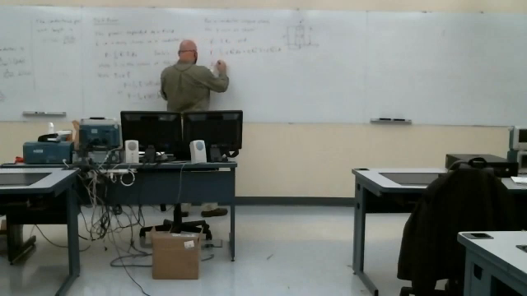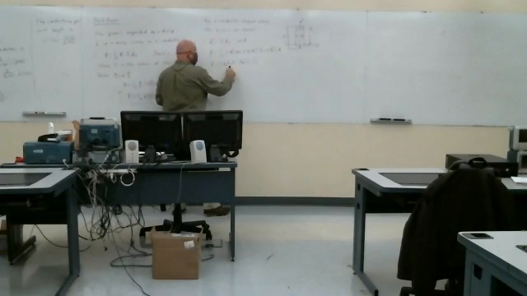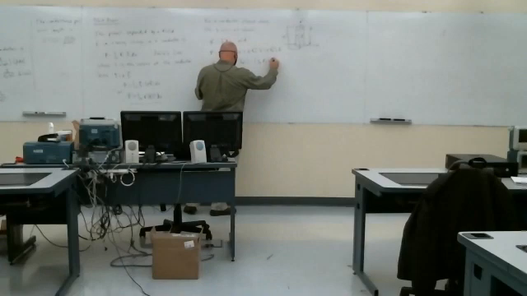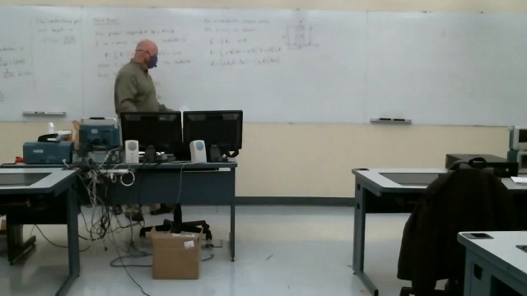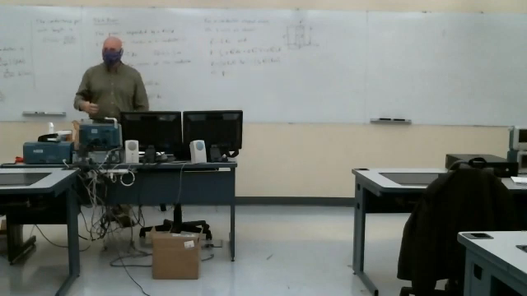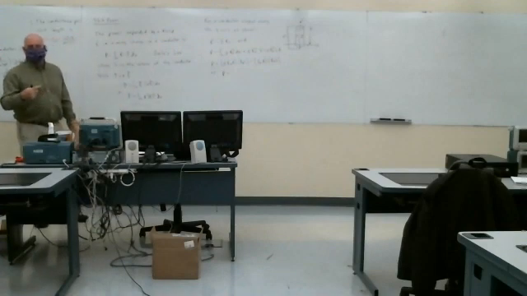I'm going to write this as sigma EZ A times EZ L. But sigma EZ is JZ, so I can rewrite it like that. JZ, the current density, times the cross-sectional area is current.